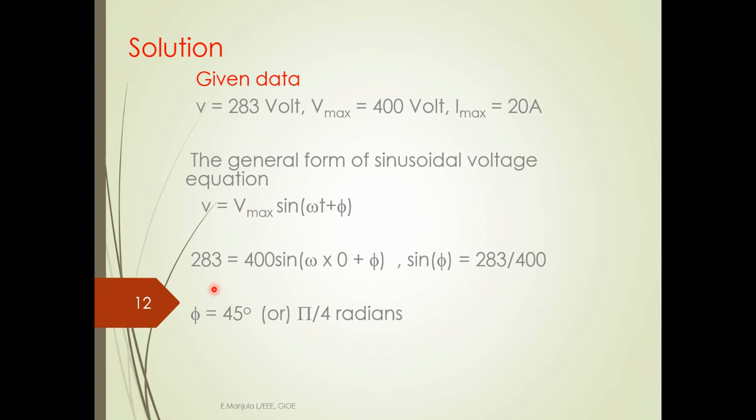So theta is equal to 45 degrees, which is pi by 4 radians. Hence, V is equal to 400 sine of 100 pi t plus pi by 4 volts. So this is the voltage form.